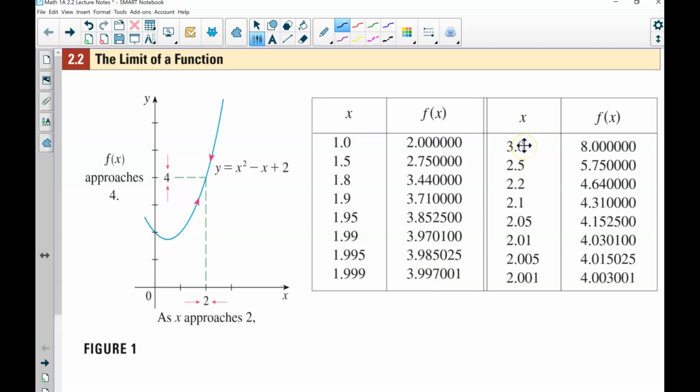As we're going from the right, getting closer and closer to 2, again, f of x is getting closer and closer to 4. Now, we can express this by saying the limit of the function f of x equals x squared minus x plus 2 as x approaches 2 is equal to 4.